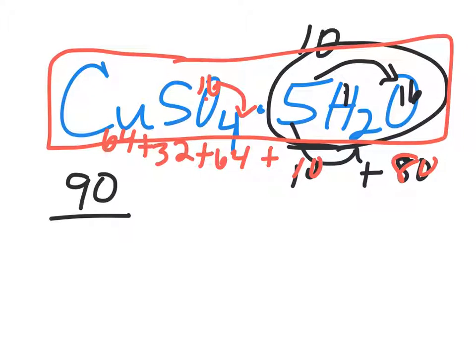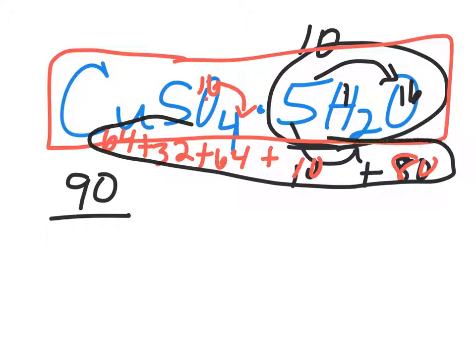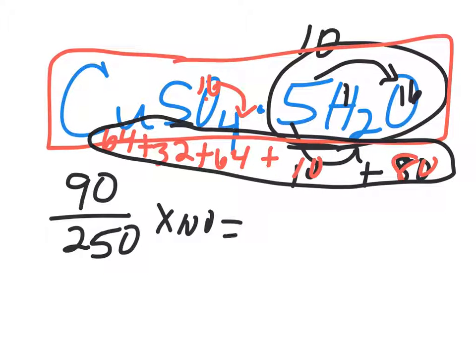So now 64 plus 32 plus 64 plus 10 plus 80 gives me how much? 250. Very good. So now 90 divided by 250 times 100 gives me the percent of water.